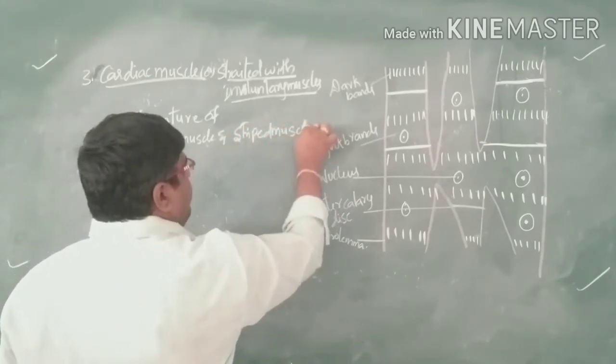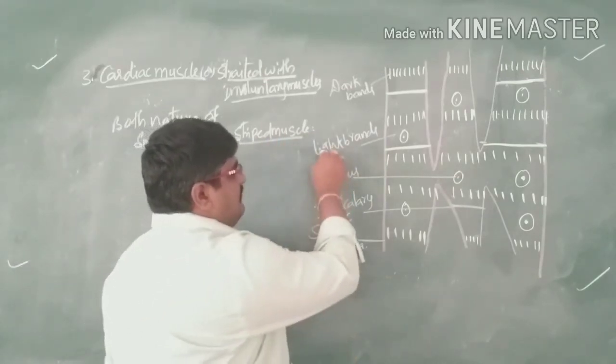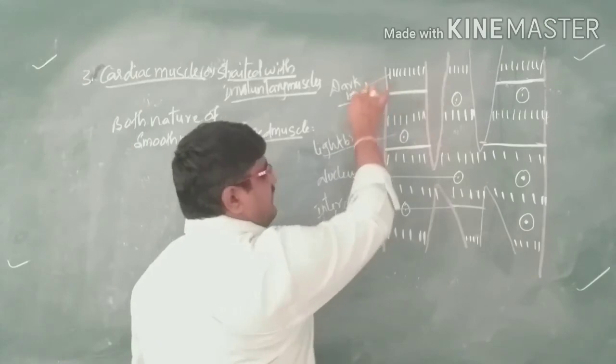The striped muscle character means the presence of dark bands and white bands.